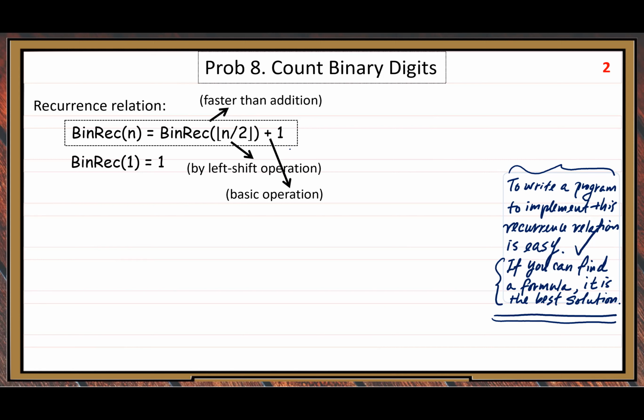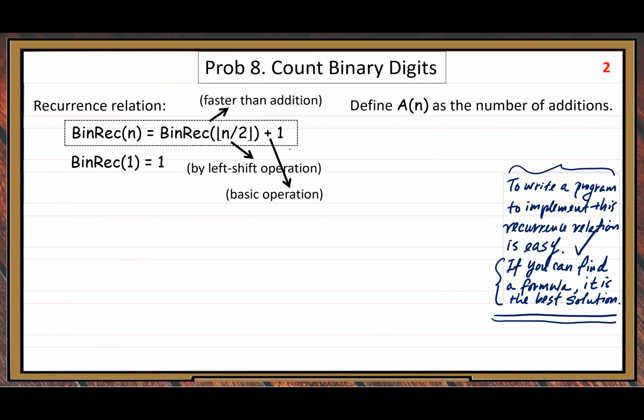Every time we need to do addition. Although we do one shift operation and one addition, addition is slower, meaning it takes more execution time. So we like to focus on the slower, costly part, addition.